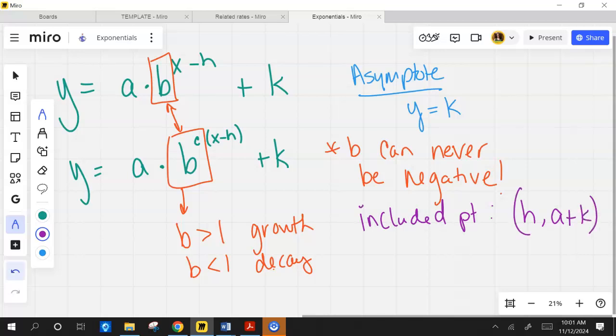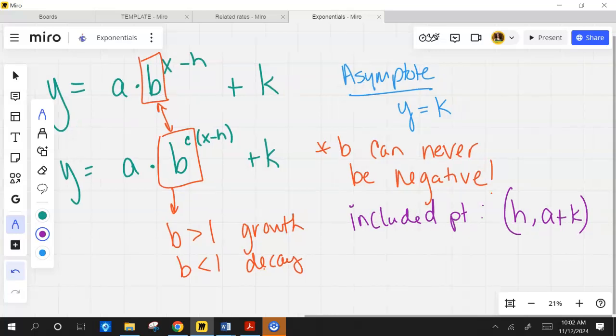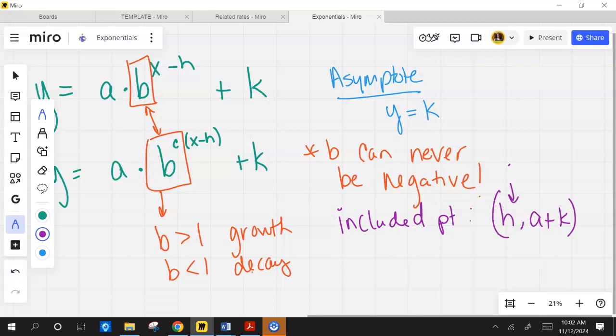And a point that is always on your graph is H, but I have to do opposite sign. And then this one's a little bit different because I have to do A plus K. Normally it would just be K, but here I have to add the A.